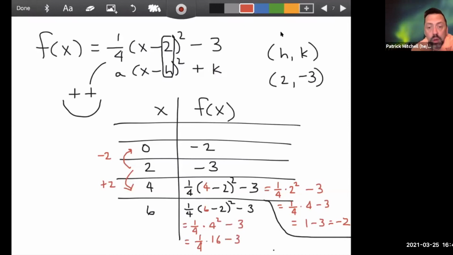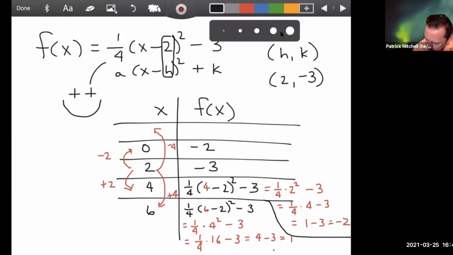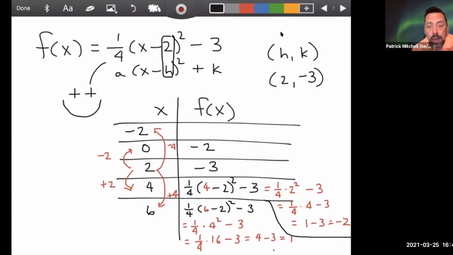And then 1/4 times 16 is 4, right? 4 minus 3 is 1. Okay, so we have the point 6, 1. This point is 4 units to the right of the vertex, so we also need the point that is 4 units to the left of the vertex, and that's going to be at x equals -2. The y value that goes with that point is 1.